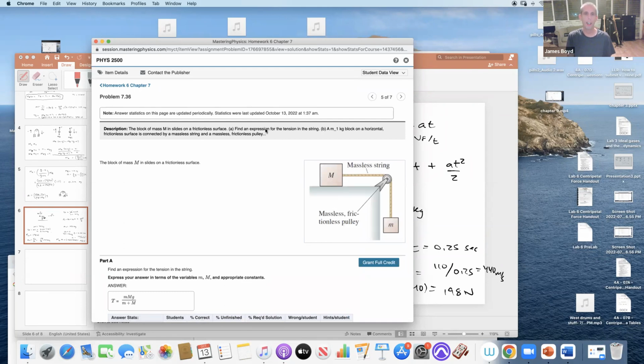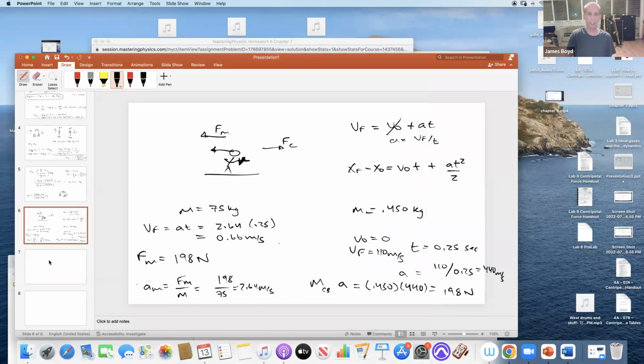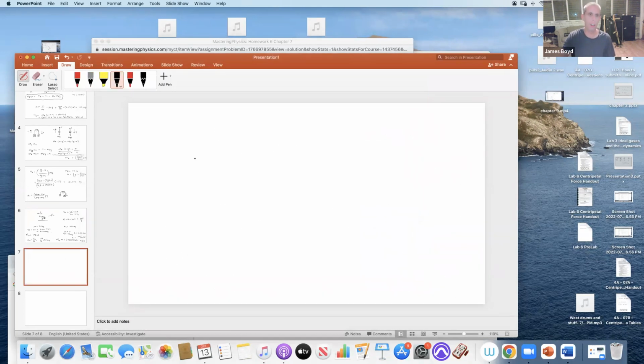Okay, so this is a frictionless pulley, and we have two masses, one big and one small. And then we're going to try and find the tension in the string between them. So let's get just an expression for this. This is big M. This is little m.